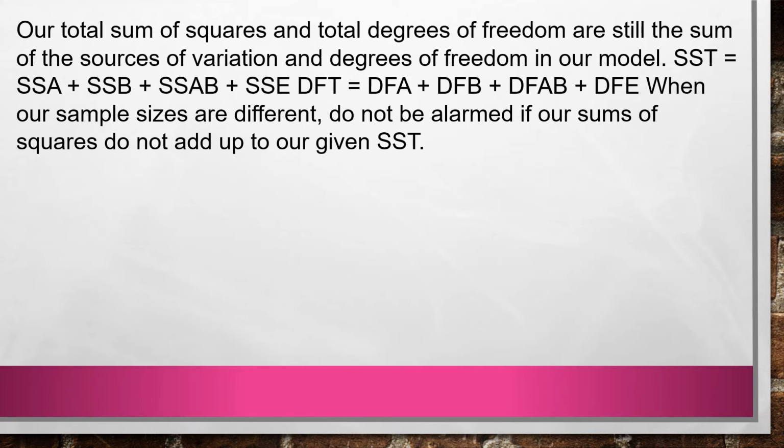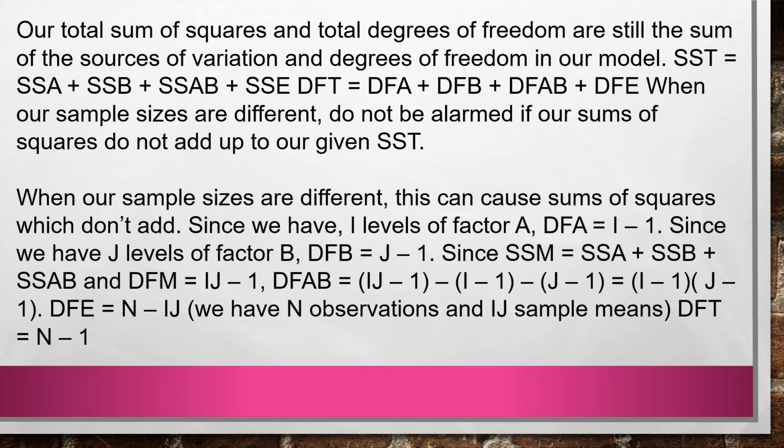When our sample sizes are different, do not be alarmed if our sums of squares do not add up to our given SST, since unequal sample sizes can cause sums of squares which don't add. Since we have I levels of factor A, DFA is equal to I minus 1.